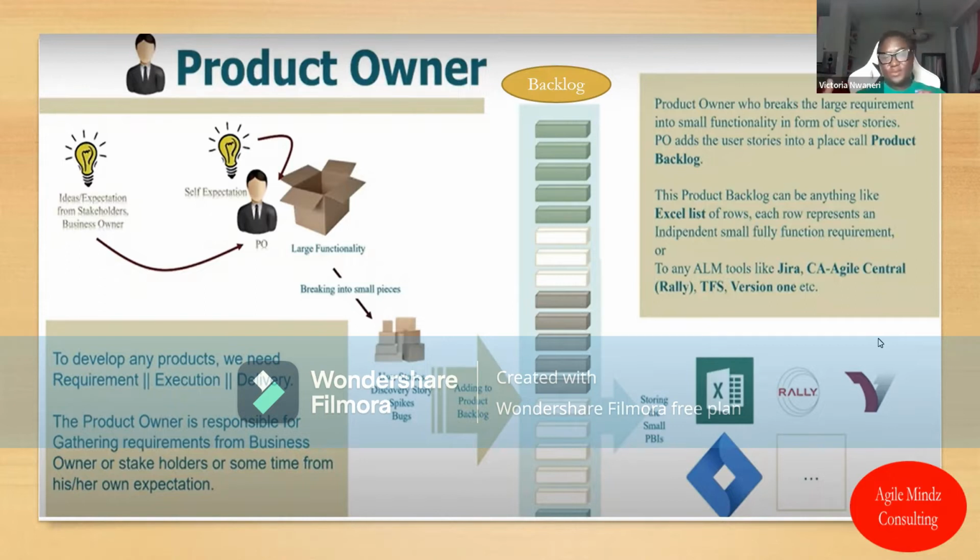So different terminology for different organizations that you may work for, right? And it says that the product owner typically will break down large requirements into user stories. They will break down those large requirements or epics, right, into smaller stories or user stories, right?